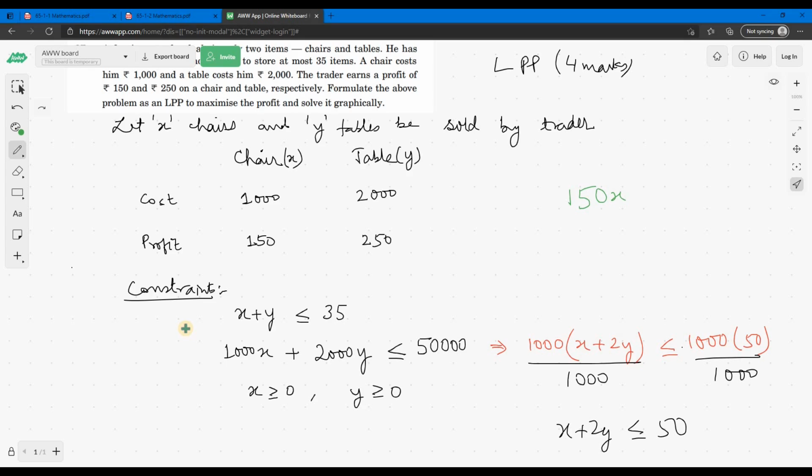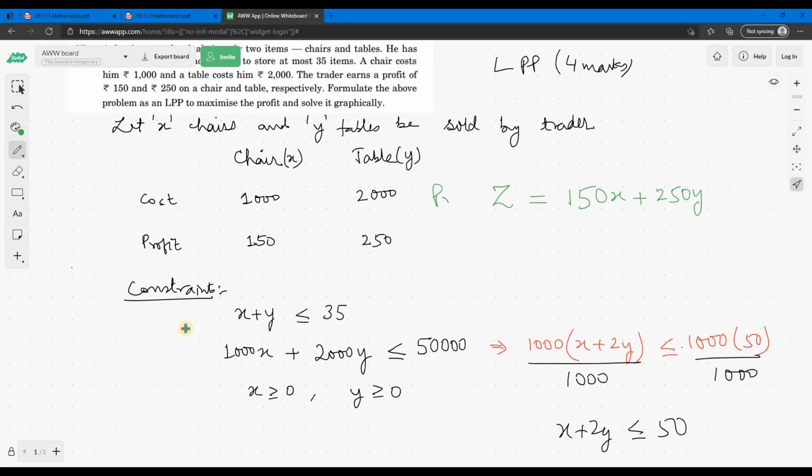So the profit on y tables will be 250 times y, which is 250y. For the total profit we have to add these two, and since we have to find the maximum, we have to maximize the profit. The objective function is the profit only, so we use capital Z to represent it. This is the objective function which represents profit.